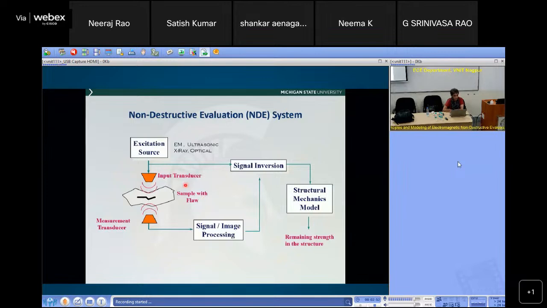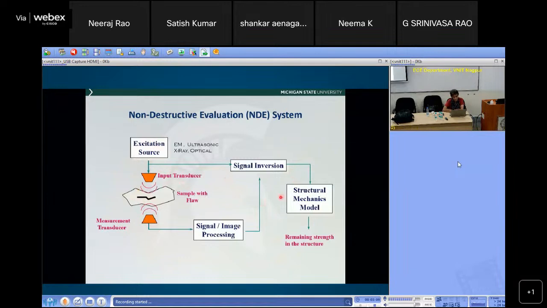So in the forward problem, you know what the excitation source is, you know the sample geometry, and you're predicting the measurement signal. That's called the forward problem, going from here to here.